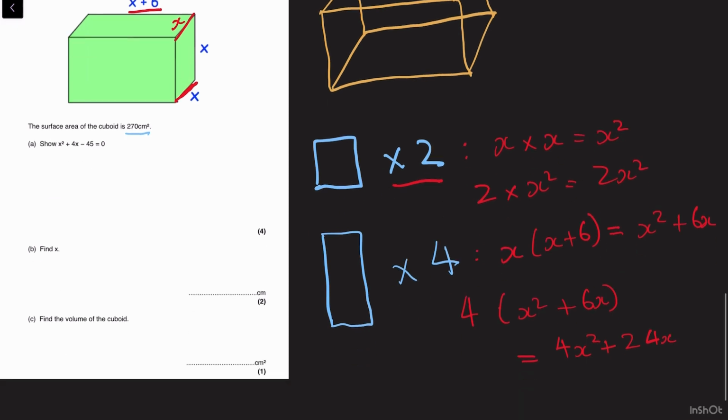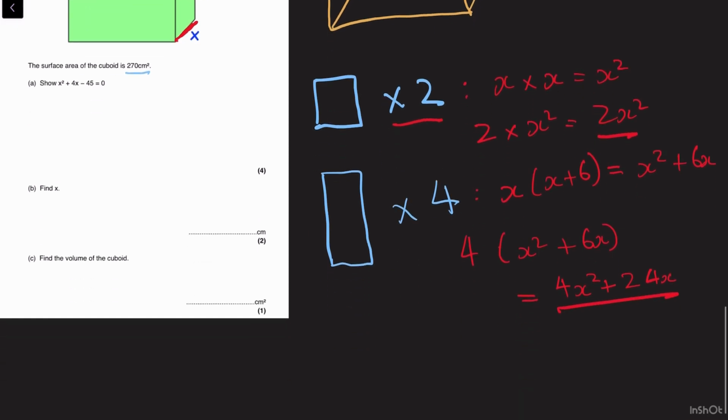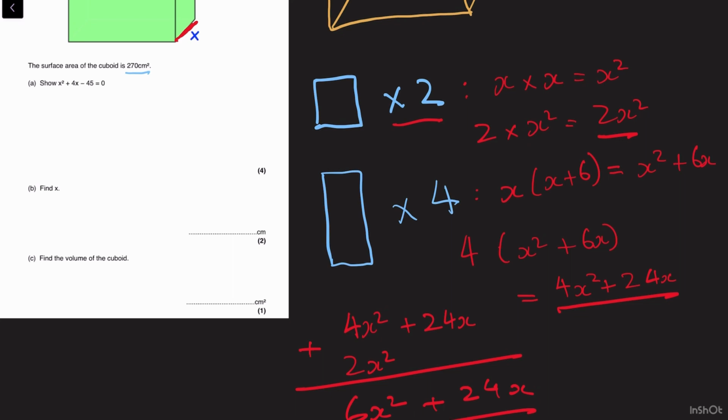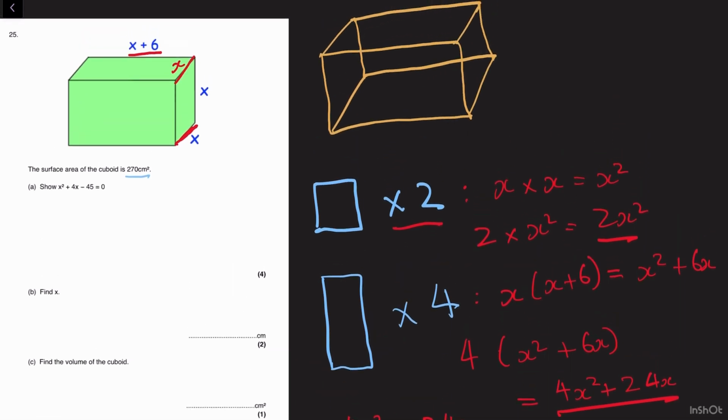And now let's add these two together. So we've got 4x squared plus 24x added together with the 2x squared. When you add this together, you get 6x squared plus 24x. In the question, it told us the total surface area is 270 centimeters squared.